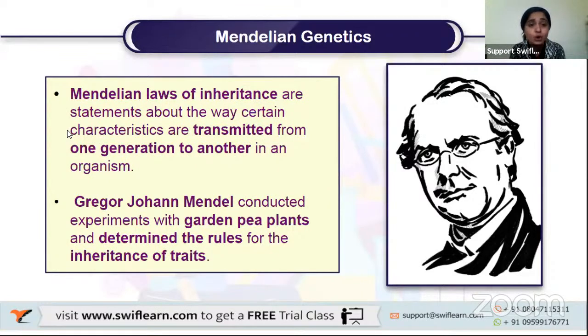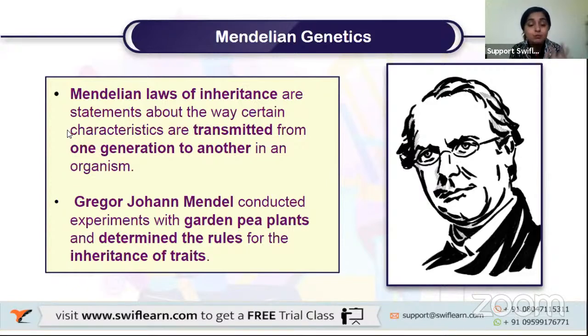Mendel's laws of inheritance are statements about the way certain characteristics are transmitted from one generation to another in an organism. George John Mendel conducted experiments with garden pea plants and determined the rules for the inheritance of traits.